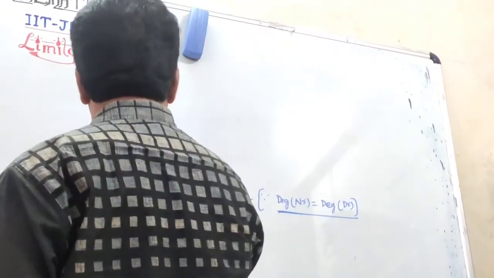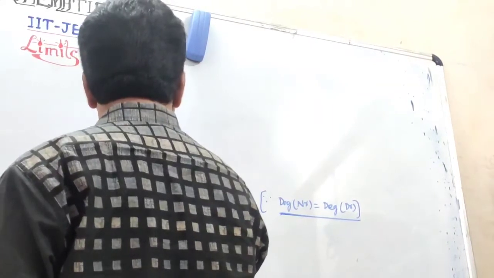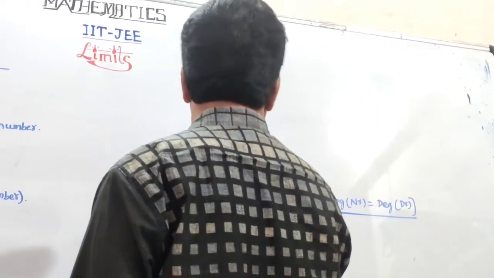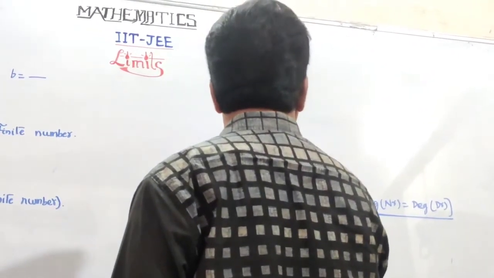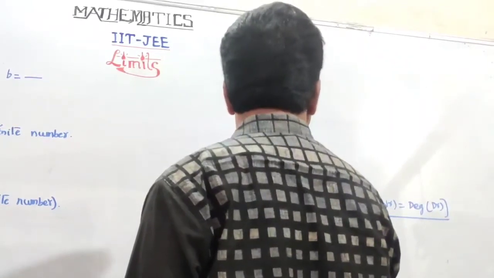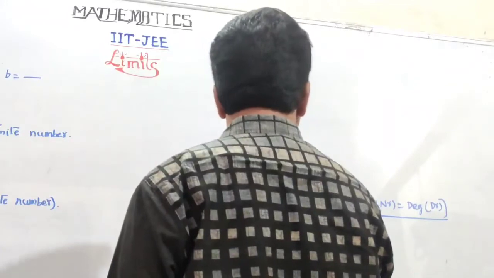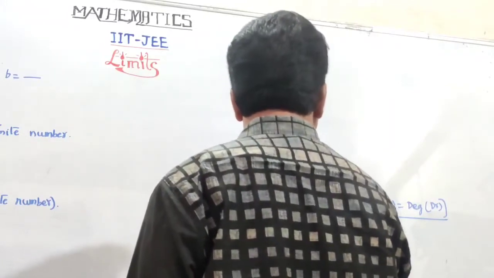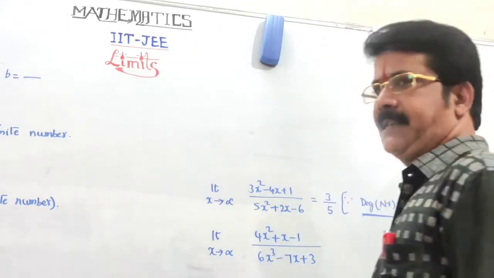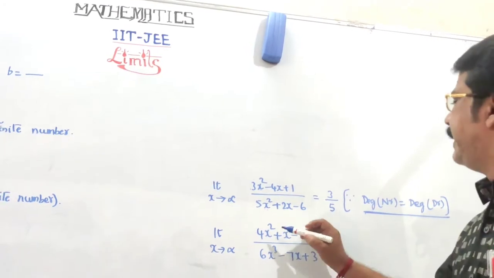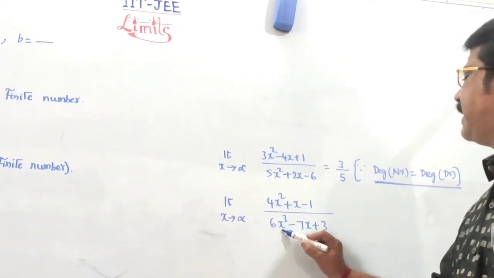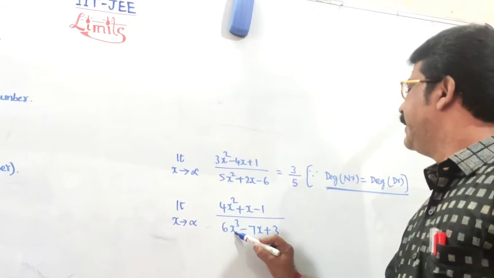Later, limit x tends to infinity, 4x square plus x minus 1 divided by 6x cubed minus 7x plus 3. Let us consider this. Here the degree of numerator is less than the degree of denominator.